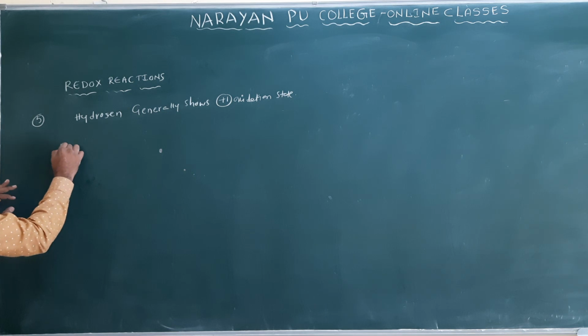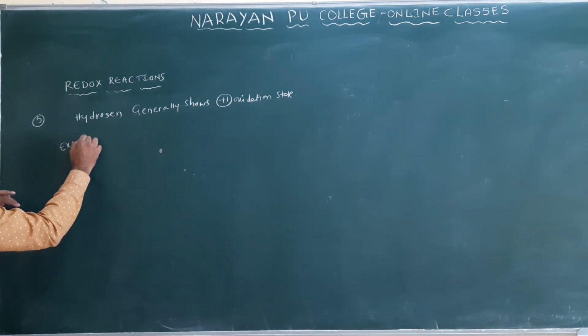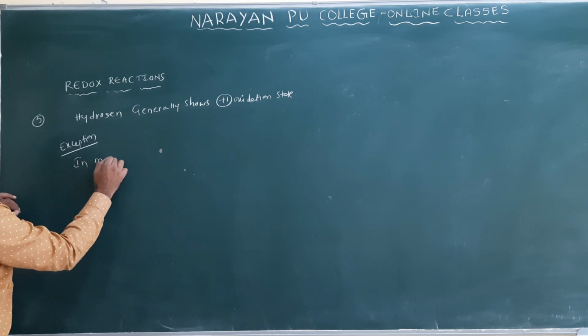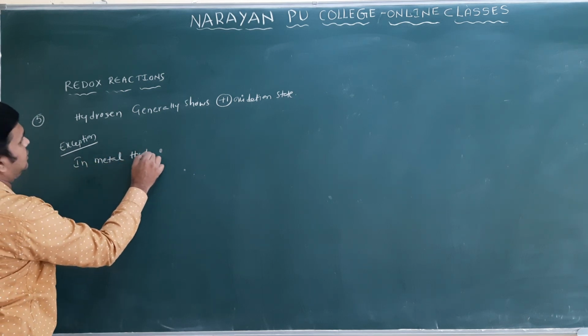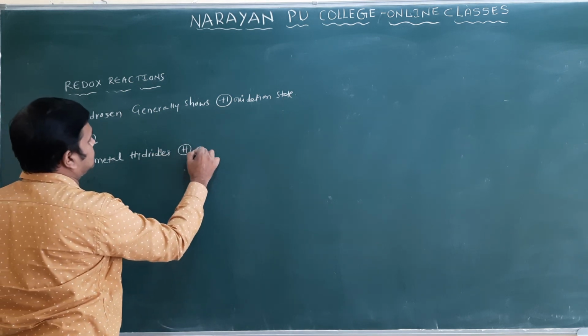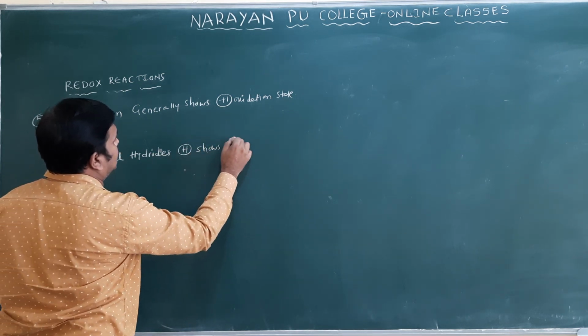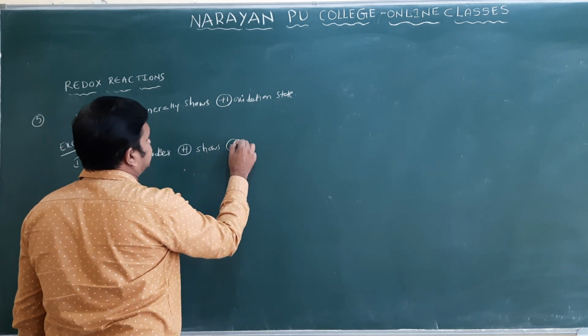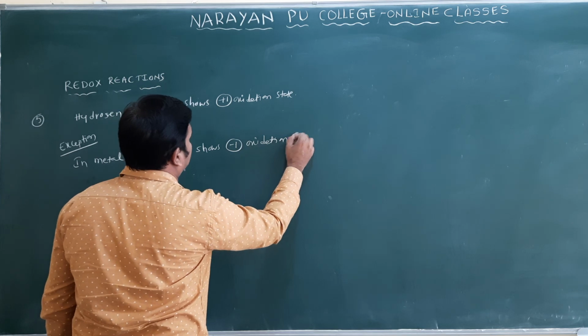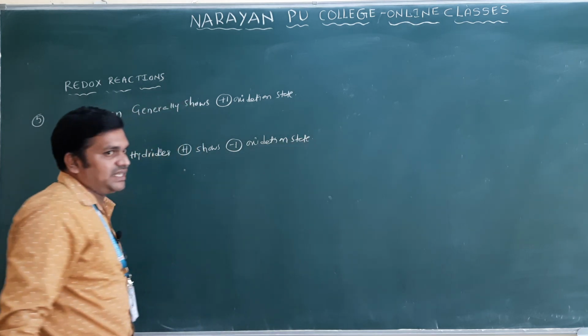What does the exception mean here? In metal hydrides, hydrogen shows a -1 oxidation state only. This is one of the exceptions only.